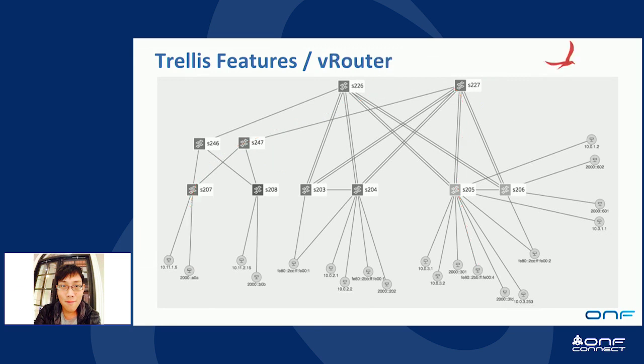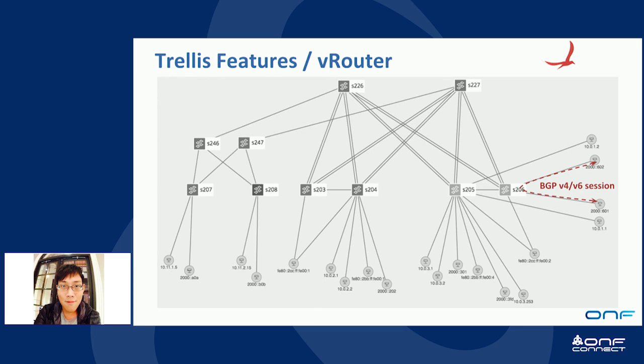vRouter, this is an interesting part. So we have our Quagga over here, and we also have a connection to the upstream router. Between Quagga and the upstream router, they use BGP v4 or v6 to exchange routing information. And of course, you can use other routing protocols like OSPF or any protocols that Quagga supports.